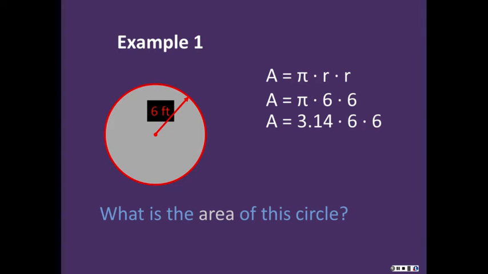What's 36 times 3.14? 113.04, and this is going to be feet squared or square feet, whichever way you want to say it, because my units are in feet. And they have to be squared if I'm talking about an area.